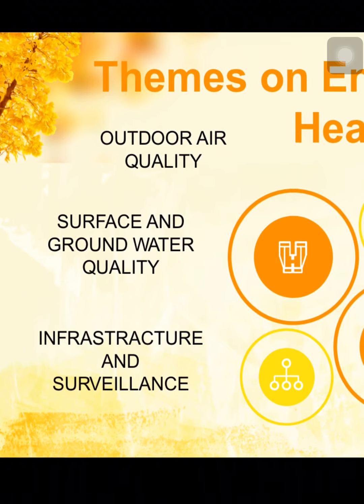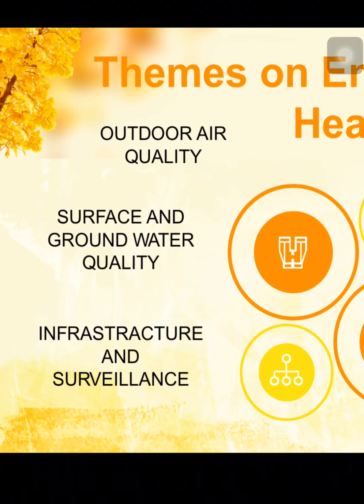The third one here is infrastructure and surveillance. Surveillance systems, personnel, and research are important resources for investigating and responding to diseases, and for educating the public on how to prevent them.